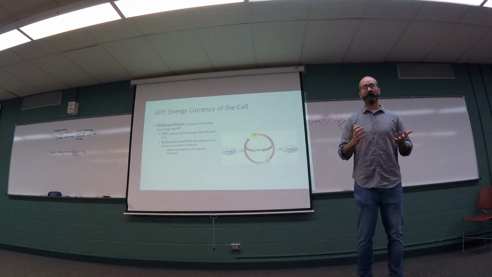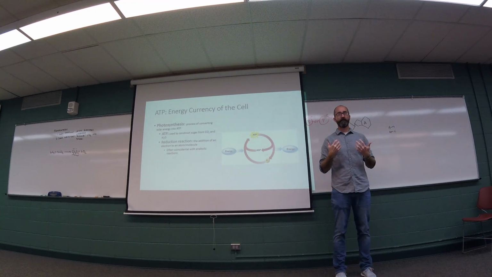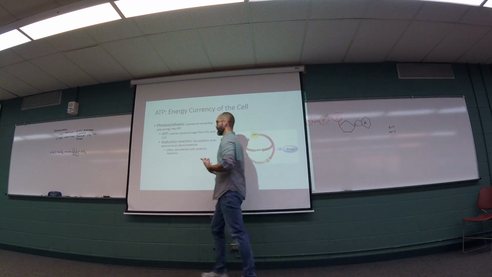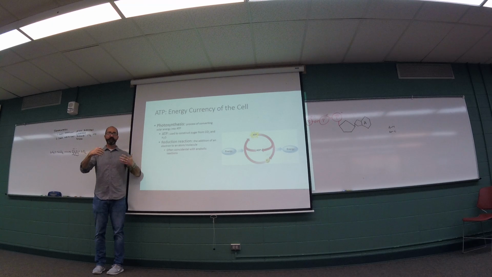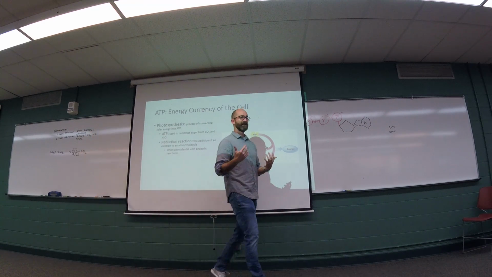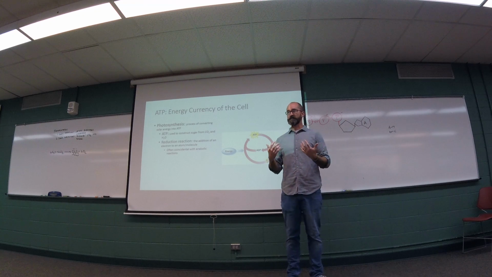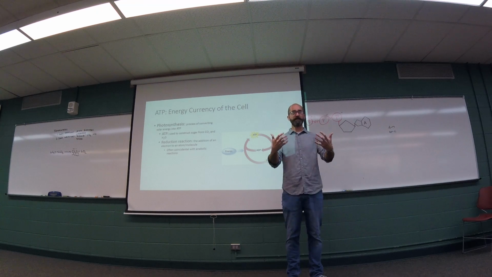But in essence, a reduction reaction is any reaction in which an electron is accepted. So in the Dark reactions, we take carbon dioxide and we make it accept a whole bunch of electrons. But doesn't that seem counterintuitive? Reduction seems like it should make it smaller, not make it bigger. So how can accepting electrons be a reduction?